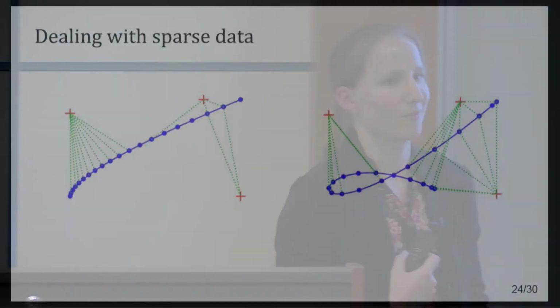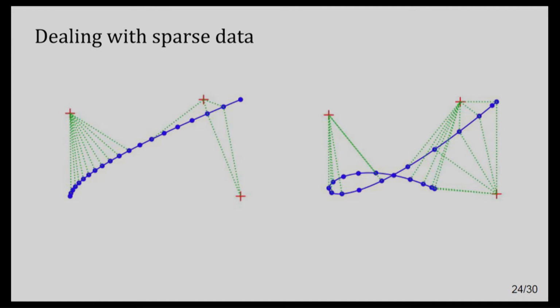And I'll just show you two examples. As I said, this is very much work in progress, but two examples, maybe surprising to you, where it works or doesn't work. Here we have a polynomial trajectory, and here we have a band-limited trajectory. So I'm using two different kinds of basis functions. And in green, I'm drawing which measurements we have.